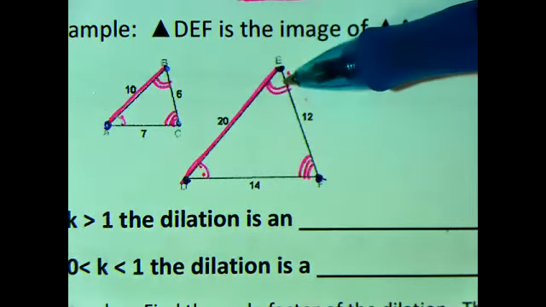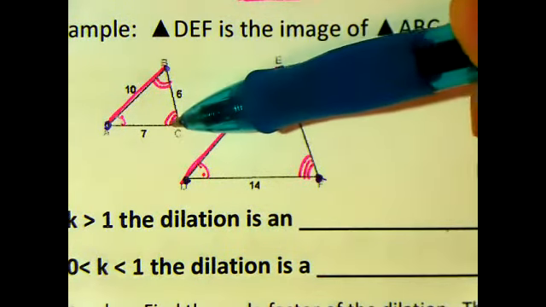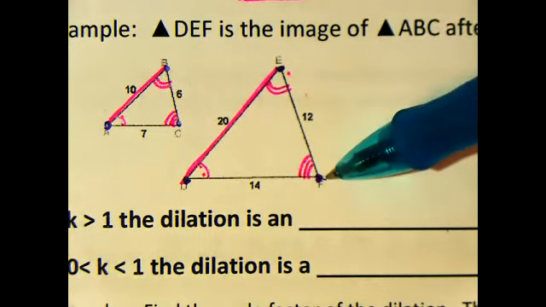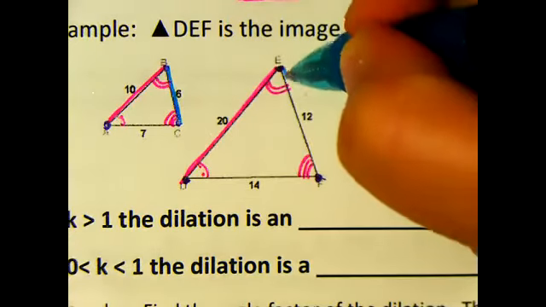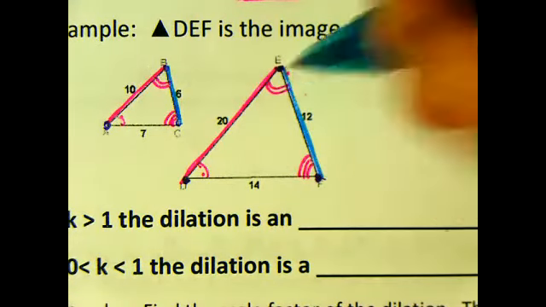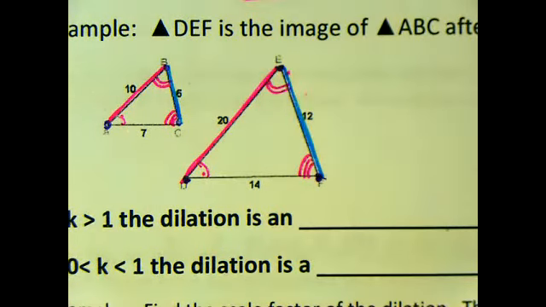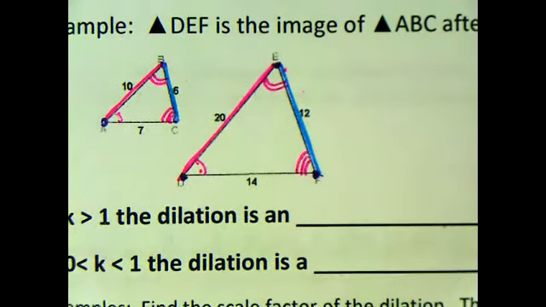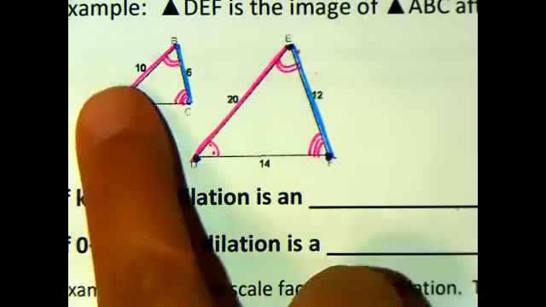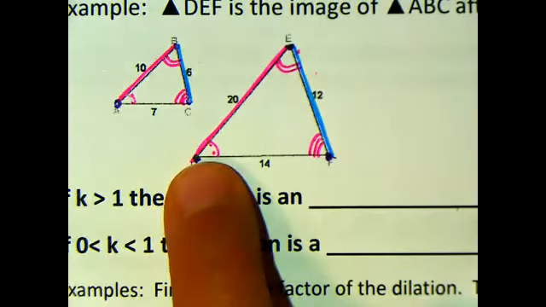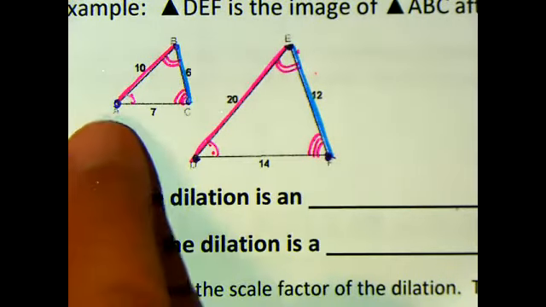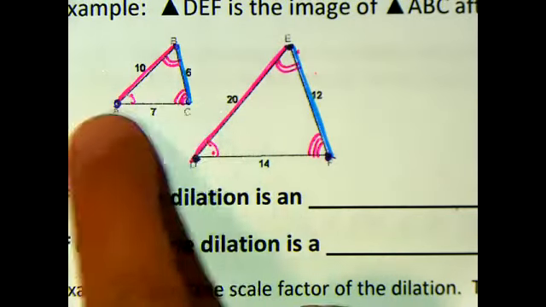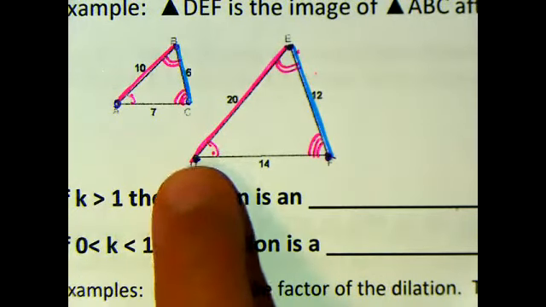Angle B is congruent to angle E and angle C is congruent to angle F. So that means BC is corresponding to EF. And then lastly, angle A is congruent to angle D and angle C is congruent to angle F. Therefore, side AC is corresponding to side DF.